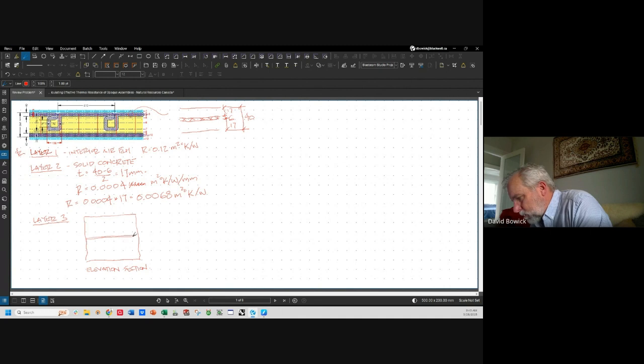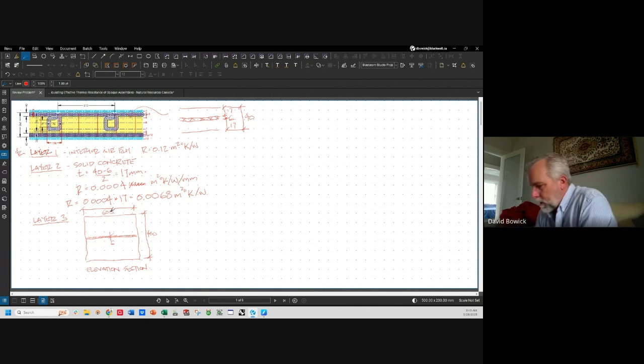So here's our elevation section. We're cutting right through the bar. Bar is 6 millimeters thick. We have 400 center to center, to the 600 millimeter wide elevation section.